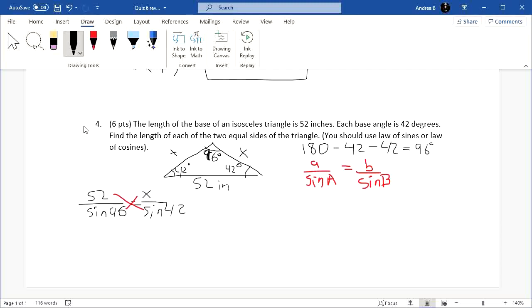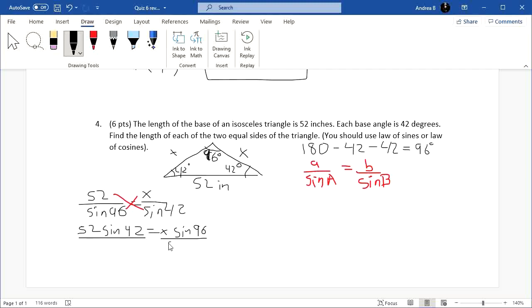So if we cross multiply here, we'd have our 52 times the sine of 42 equals our x times the sine of 96. And it'd be helpful to wait until the very end if possible to go through and calculate it all out.